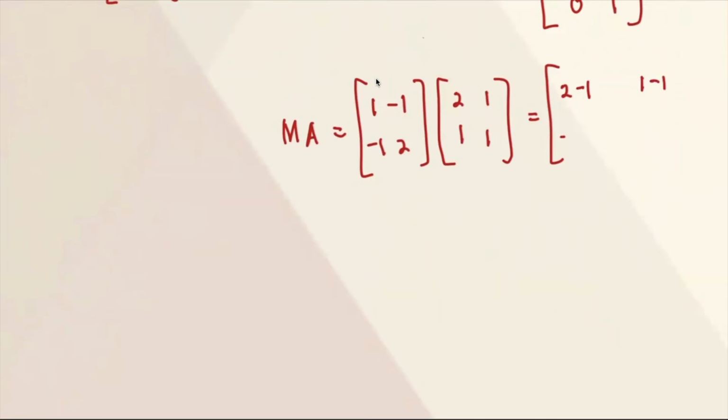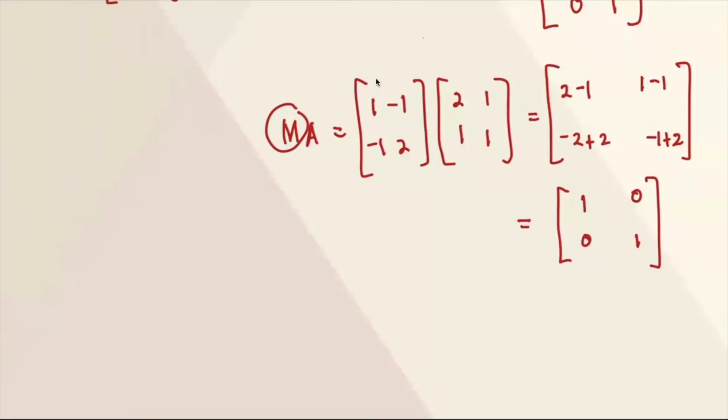I have minus 2 plus 2, and then minus 1 plus 2. If you simplify that, you'll get 1, 0, 0, 1. So this is also identity. So in this case, our M here is also a left inverse of A. In other words, M is a two-sided inverse. And because A has a two-sided inverse, which is the M, our A here is non-singular.